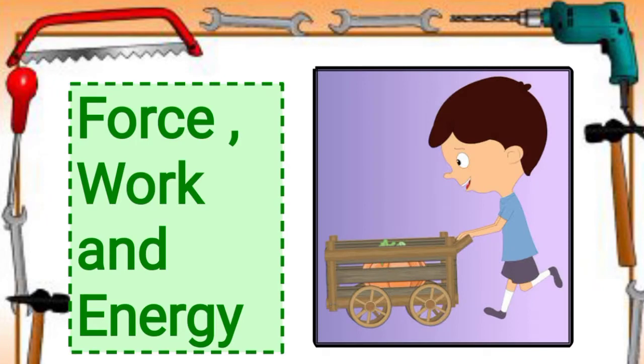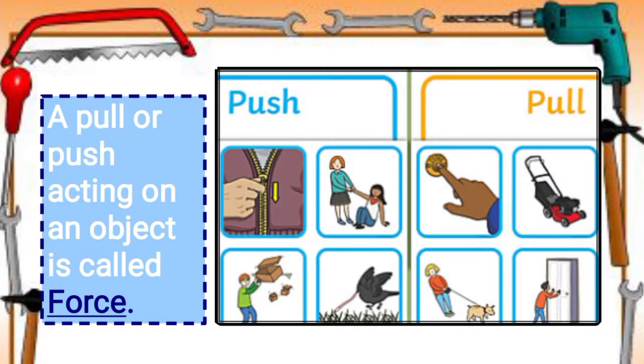To do any kind of work, we have to apply force, and to apply force we need energy. So it shows that work, force and energy are related and dependent on each other. Force is a push or a pull acting on an object.